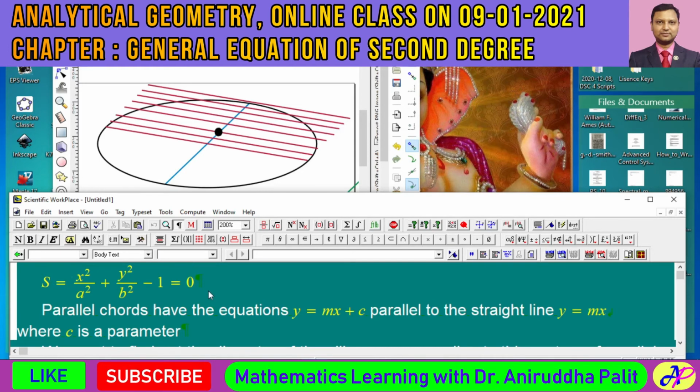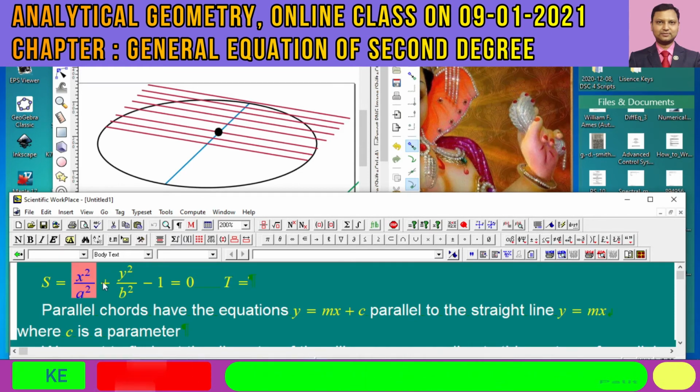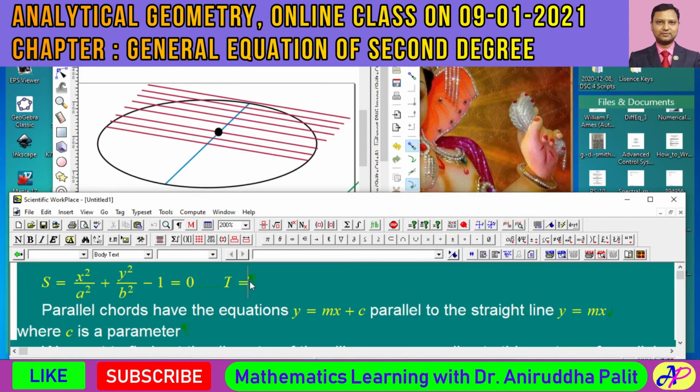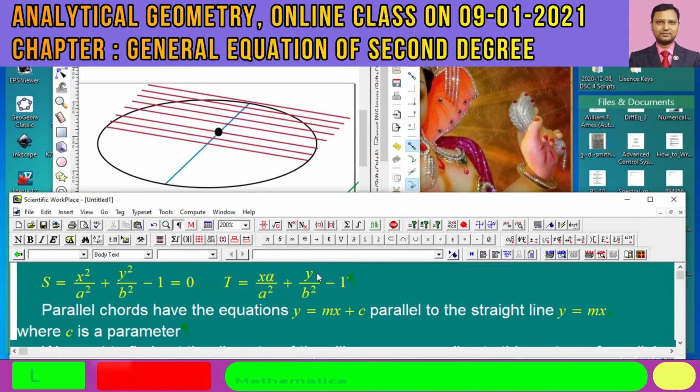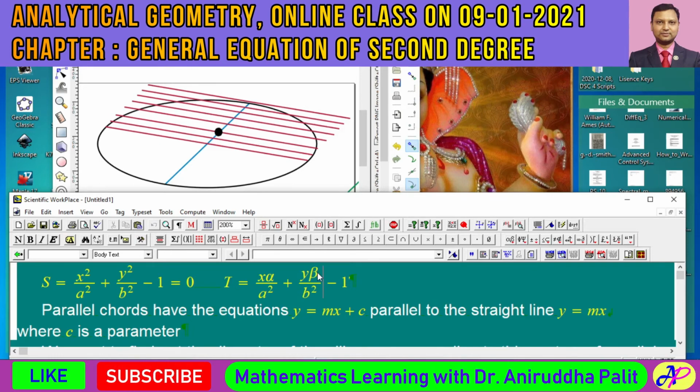Alright. And at the point P, what would be the expression of T? Let me copy and paste this expression. So x square will be replaced by x into alpha, and y square will be replaced by y into beta.